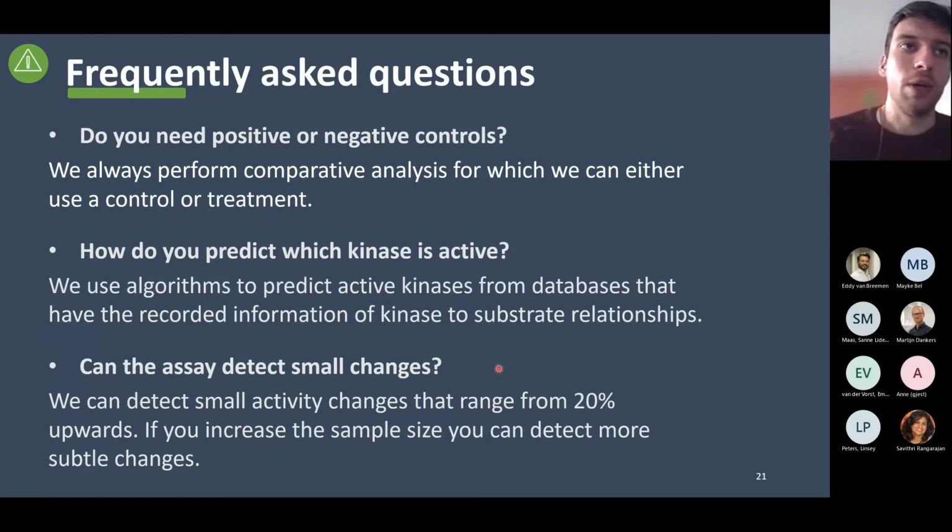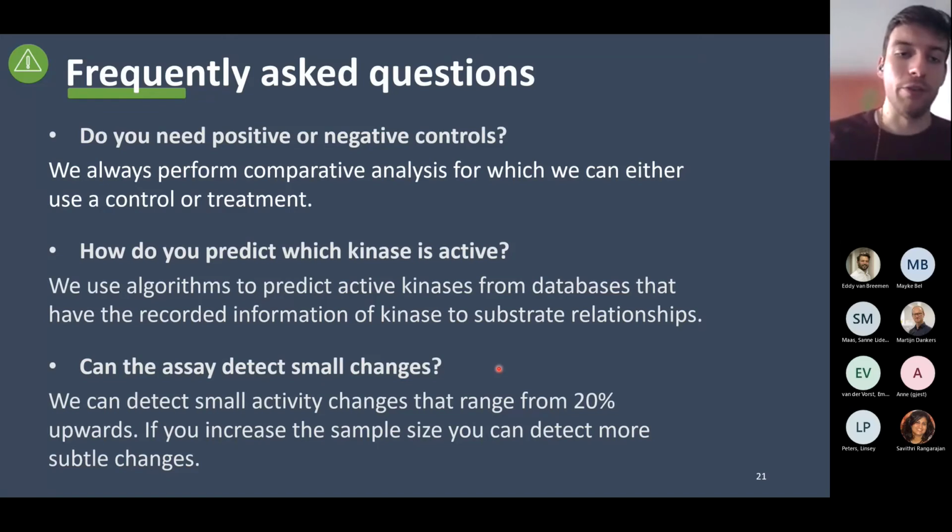An interesting question as well is what kind of changes can we detect using the assay? By changes, I mean changes in activity between treatments. In this case, we can detect quite small activity changes that range from about 20% or more.